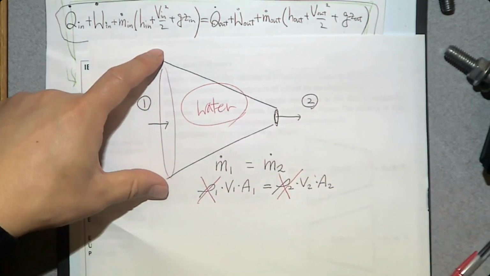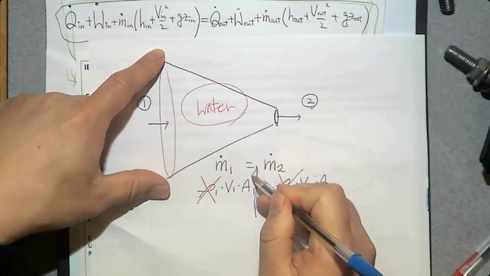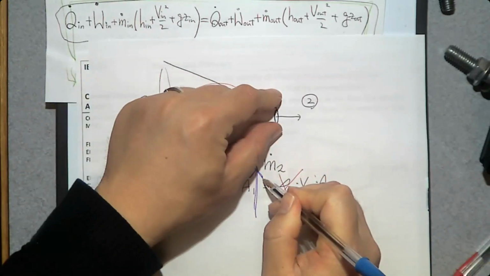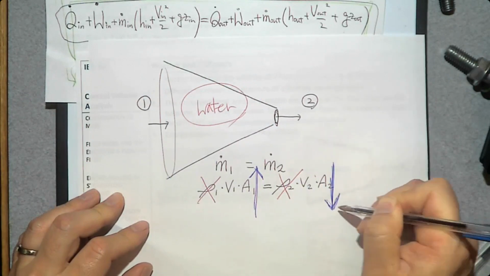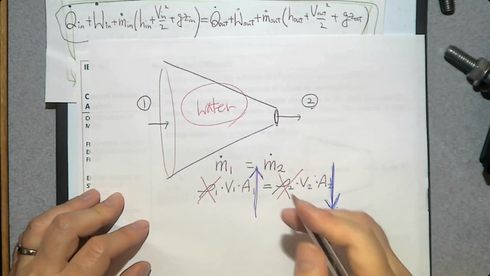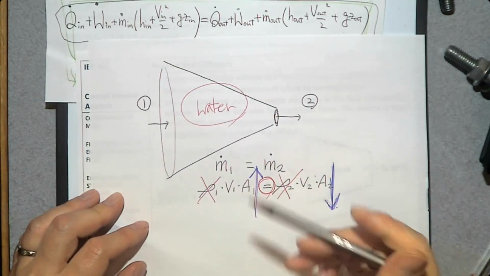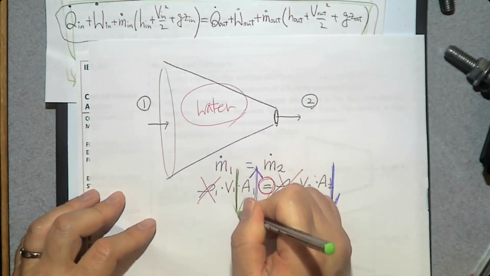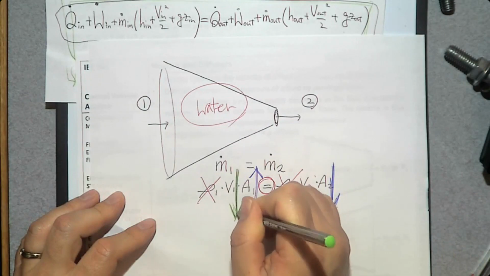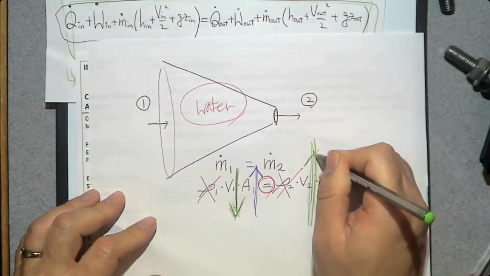Then we have a large cross-sectional area at the inlet. We have an extremely small cross-sectional area at the exit. Then, to make this equation work, we should have low velocity at the inlet and high velocity at the exit.